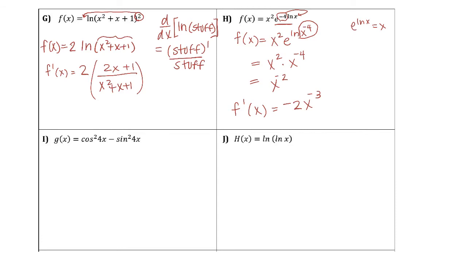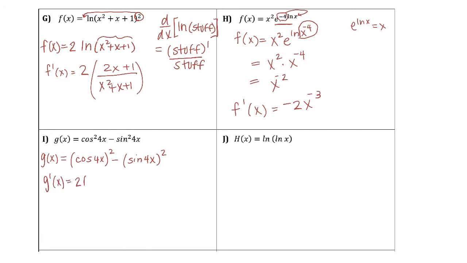Okay, looking at the next example, we do have our trig functions with our exponents on them. So we need to go ahead and do some rewriting with this. So we have g of x equals, and this is going to be cosine of 4x all squared minus sine of 4x all squared. And now we're ready to do our derivative, and we need to do the derivative of the outside.